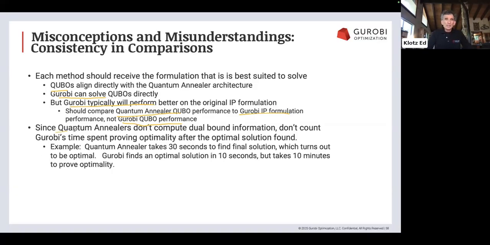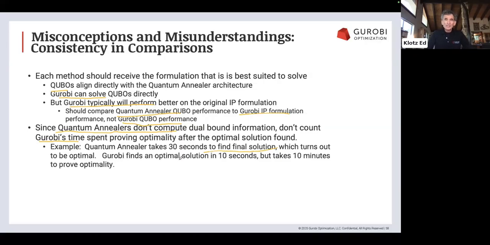Now, since quantum annealers don't compute dual bound information, you don't want to count the branch and bound time spent proving optimality after the optimal solution is found. For example, suppose a quantum annealer runs for 30 seconds and finds a final solution that may or may not be optimal, but let's suppose it is.